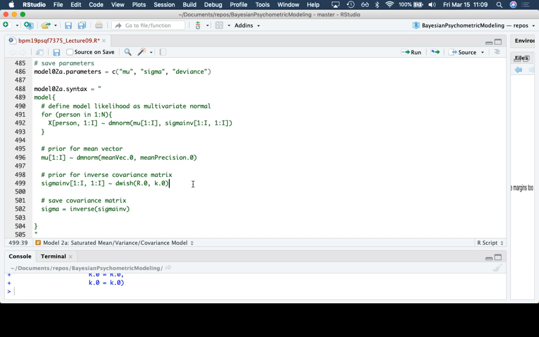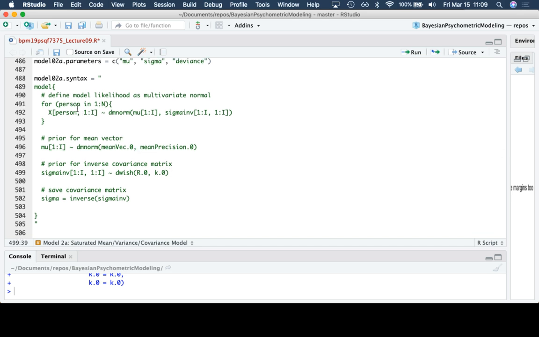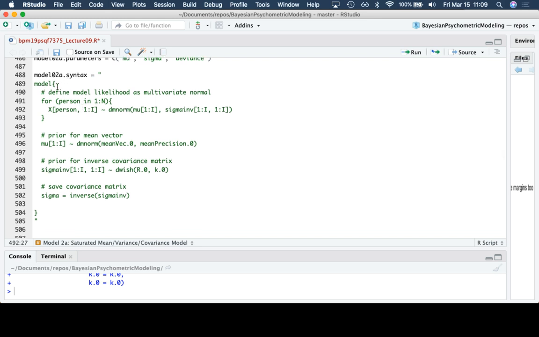There it is. So let's define this. We're going to do this a little bit differently than you've seen before. The JAGS model syntax defines the data likelihood based on the model.